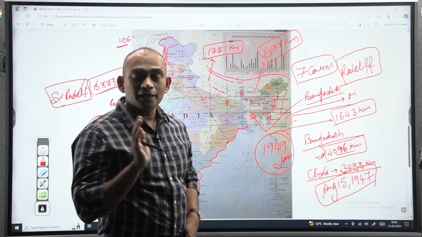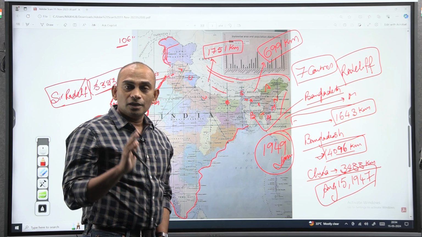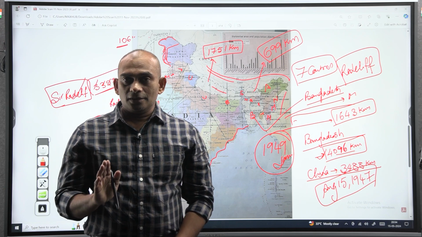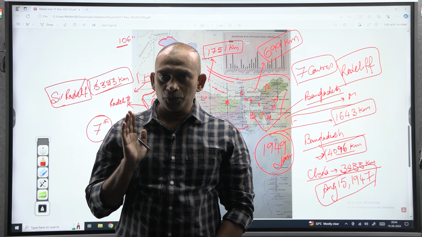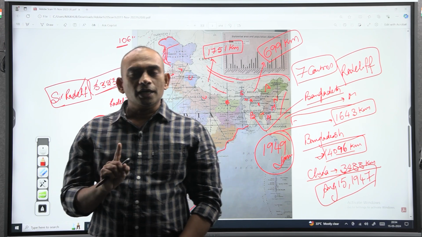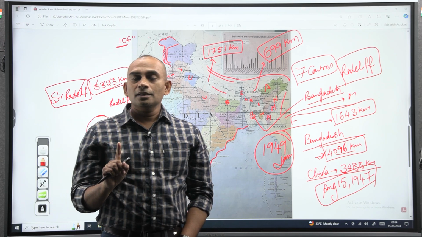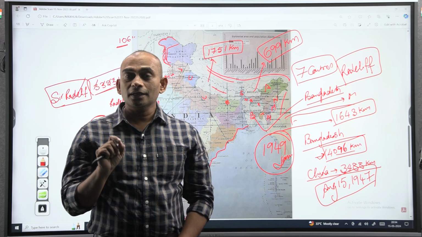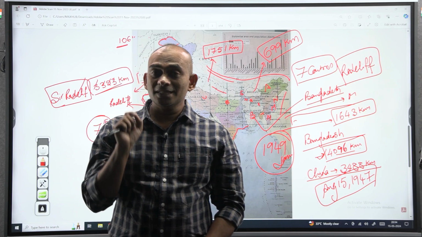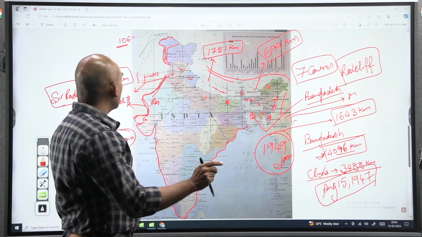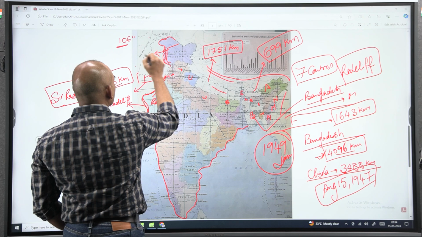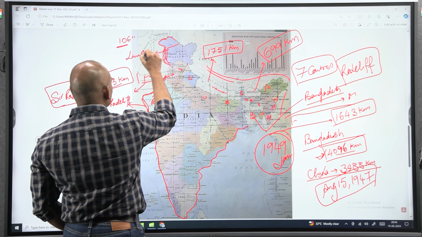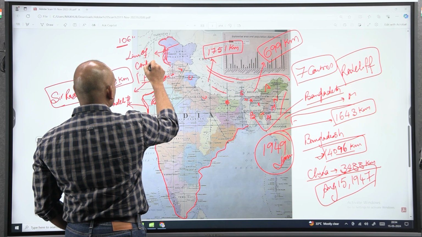This Shimla Agreement came into being in August of 1972. Both countries, India and Pakistan, decided to recognize this ceasefire line as the line of control.